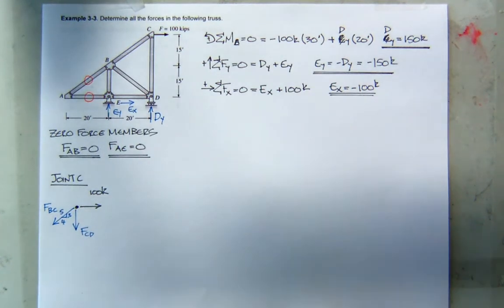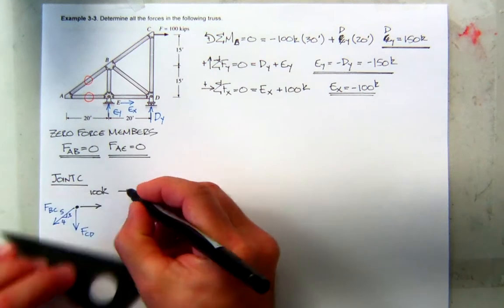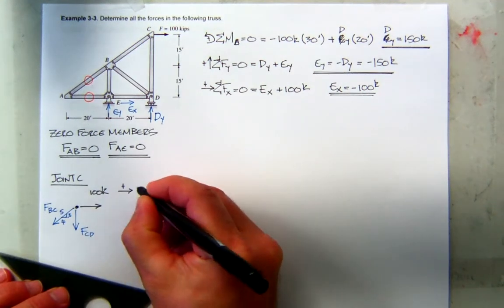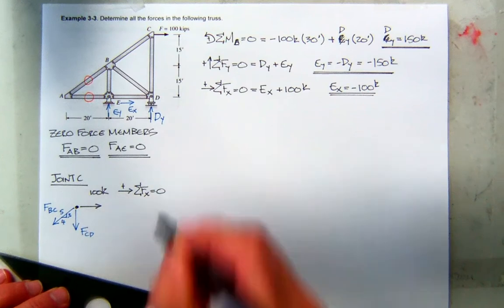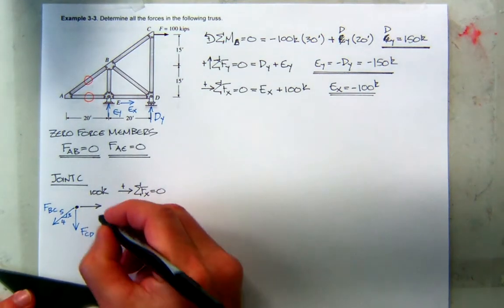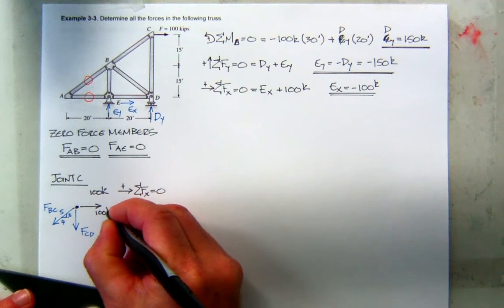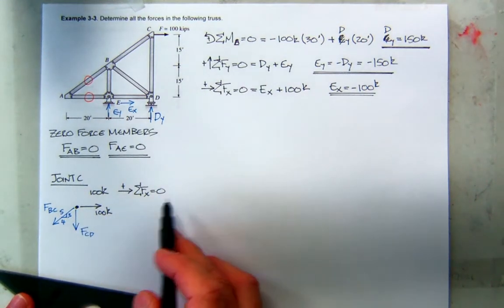Now, what equation should we write first? Should we sum forces in the y direction first? No, because both our forces have y components, so that'd be a poor choice. But summing forces in the x direction is a good choice. You chose wisely. Oh, I forgot to denote that that's 100 kips. So summing forces in the x direction, we have our 100 kip to the right, that's positive.